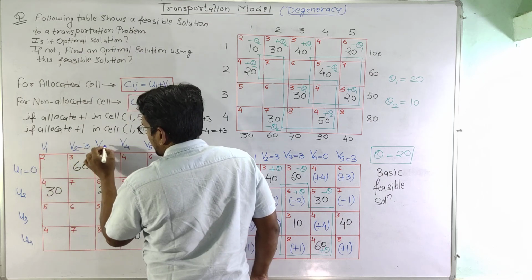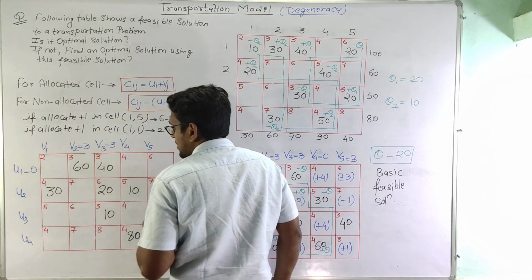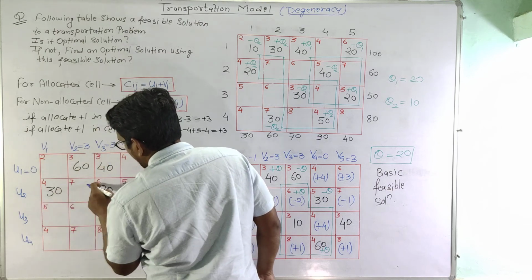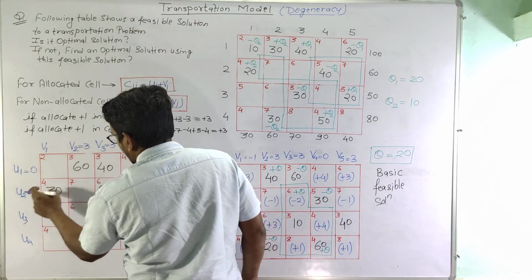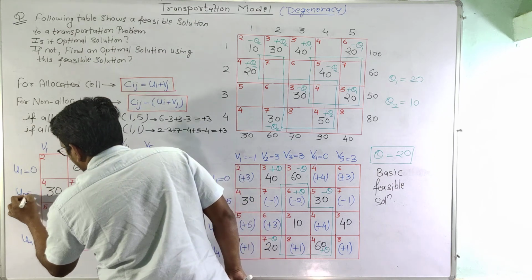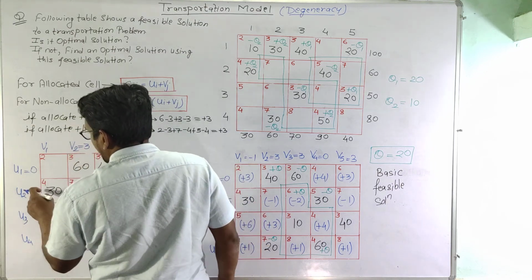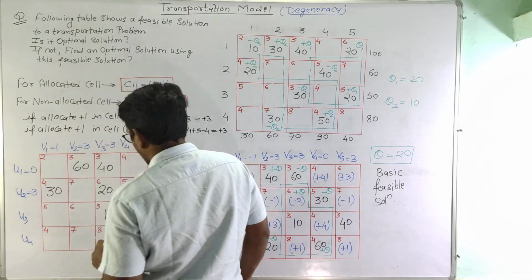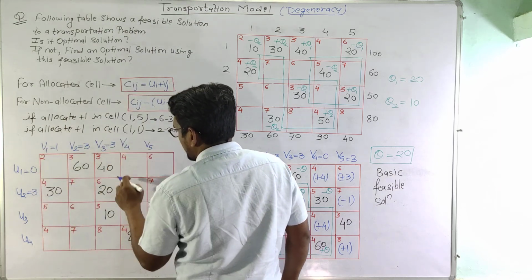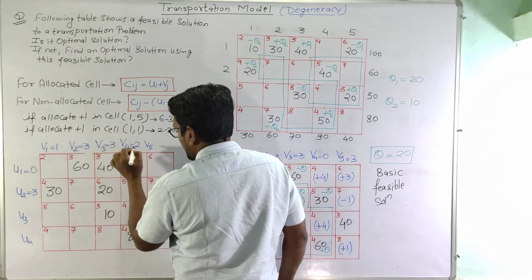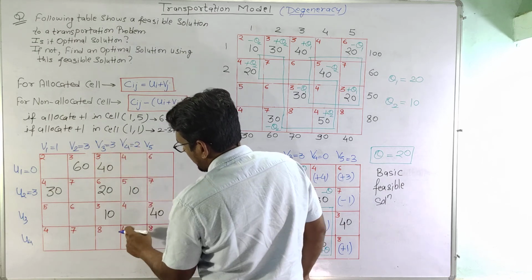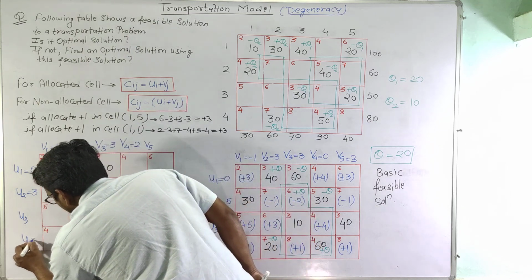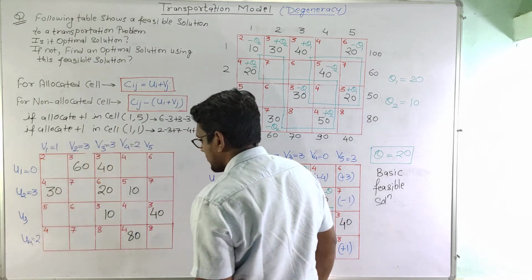So let us see 0 plus what equals to 3, so this will be 3. 0 plus what equal to 3, so this will again be 3, and this is 0 plus what equal to 6? 3 plus what equal to 6, so this will be 3. 3 plus 3 is 6. 3 plus what equals to 4, so this will be 1, and 3 plus what equal to 5, so this will be 2, and 2 plus what equal to 4, so this will also be 2.